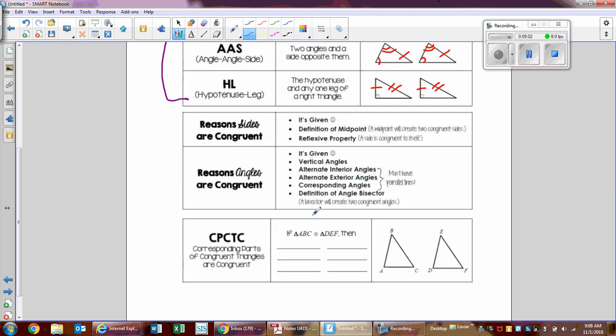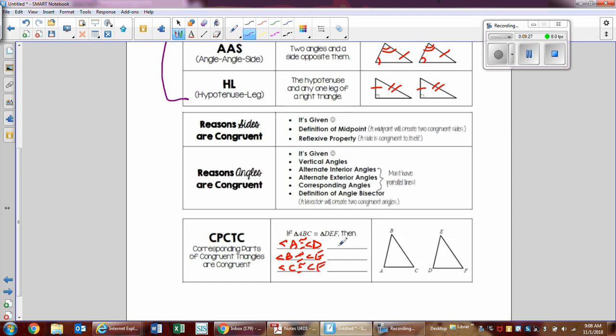But one thing I want you to remember is if it's given in this way, triangle ABC is congruent to DEF, then the corresponding parts, that means angle A is congruent to angle D. It's the same thing we did earlier. Angle B is congruent to angle E. Angle C is congruent to angle F, right?